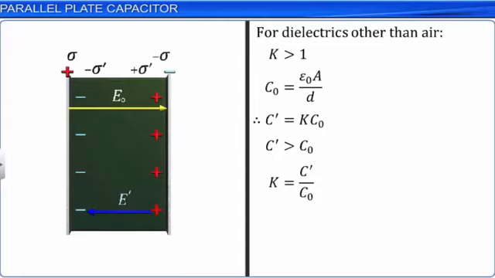Dielectric constant is also called the relative permittivity of the medium and is also denoted by epsilon r. K is also known as the factor by which the capacitance increases when a dielectric medium fills the intervening space between the plates of the capacitor.